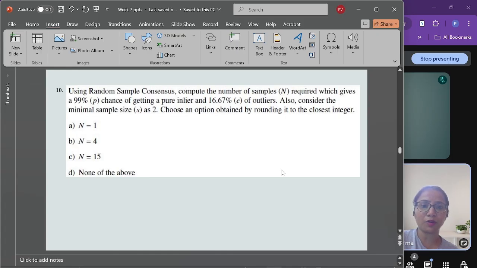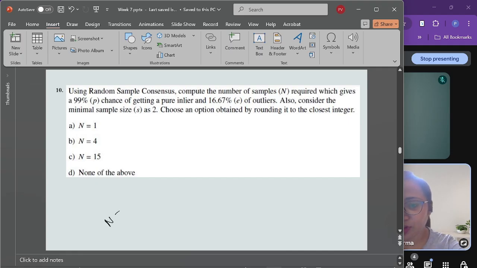Choose the optimal value obtained by rounding it to the closest integer. Now we need to use the RANSAC method to obtain the number of samples n. So the number of samples to find at least one pure inlier set.